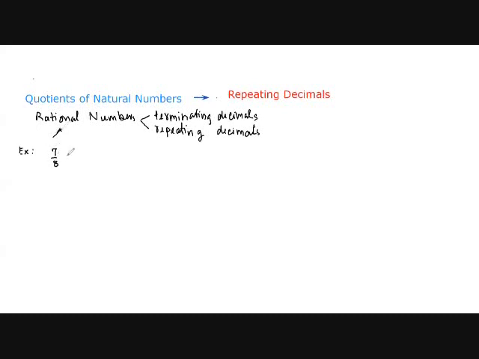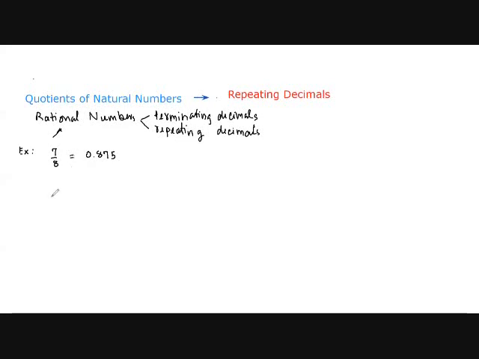If I want to convert 7/8 to a decimal, of course you use a calculator, right? You will get the answer right away, equal to 0.875.